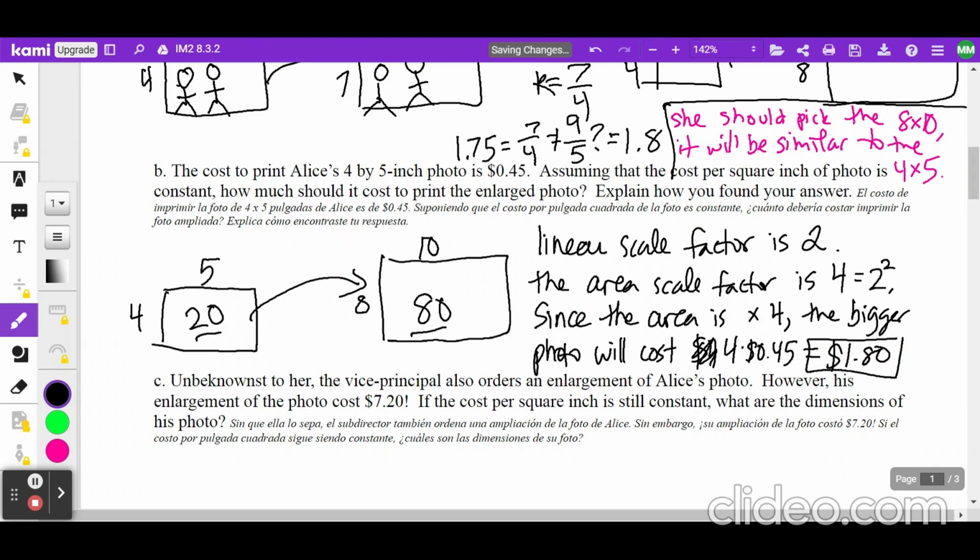This, of course, is assuming that the cost per square inch of photo is constant, so every square inch costs the same amount. All right, next problem.